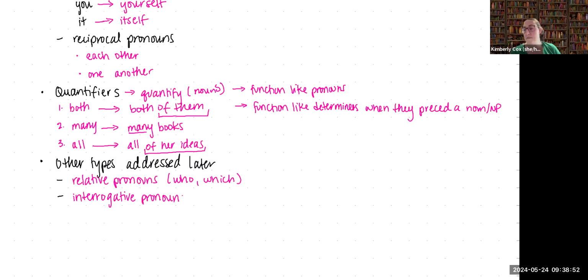Okay. And so we will look at these in later chapters. Interrogative pronouns are more often used with questions. So like what, right, is a good illustration. So as we start talking about relative clauses later, and interrogative sentences, we'll come back to relative pronouns and interrogative pronouns.